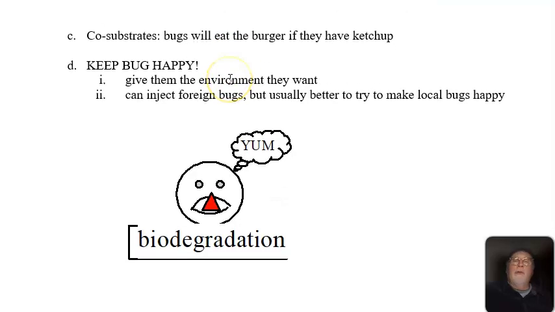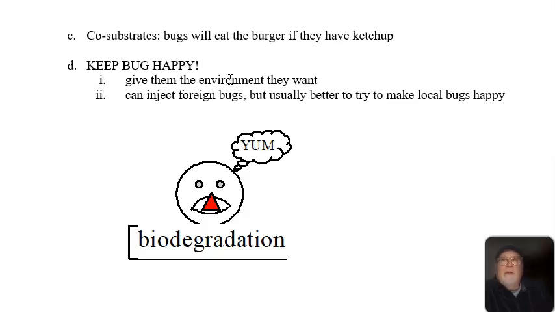A couple other notes. There are co-substrates where you want the bugs to eat the food, and the food is the stuff you want to get rid of. Sometimes if you add other stuff in there, a co-substrate, the bugs will eat the food. I say the bugs will eat the burger if they have ketchup.